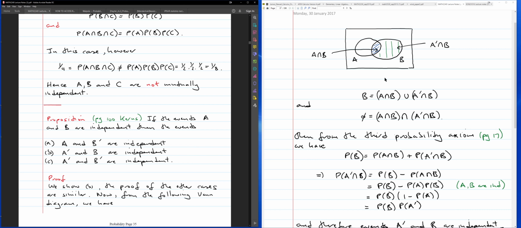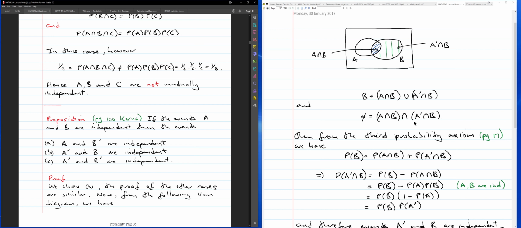To show part B, I'm going to note that here I have A intersect B, which is this blue shaded area, and here I have A complement intersect B. What I notice from the diagram is that the union of the blue shaded area and the green shaded area is actually equal to B. So A intersect B union A complement intersect B is equal to B. The blue area consists of elements from A, and the green area consists of elements from A complement, so they're not going to have anything in common.